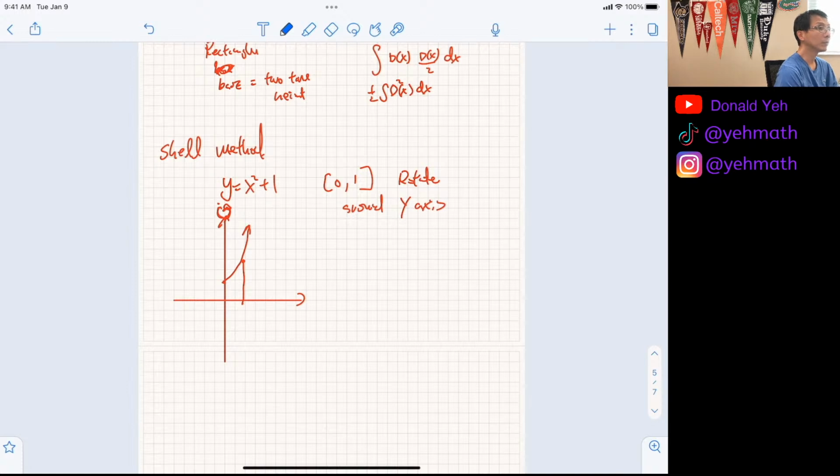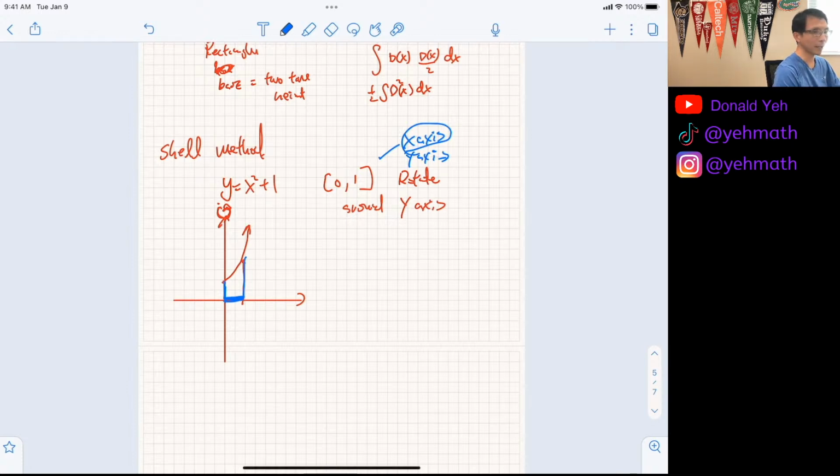No, 0 to 1 is a boundary to the graph. So there's a 0 to 1, and x-axis, and y-axis. That's a boundary. Okay, so Will pointed out that I'm missing something about this. 0 to 1 is right here, but there is an x-axis here, so the x-axis should also be a boundary.